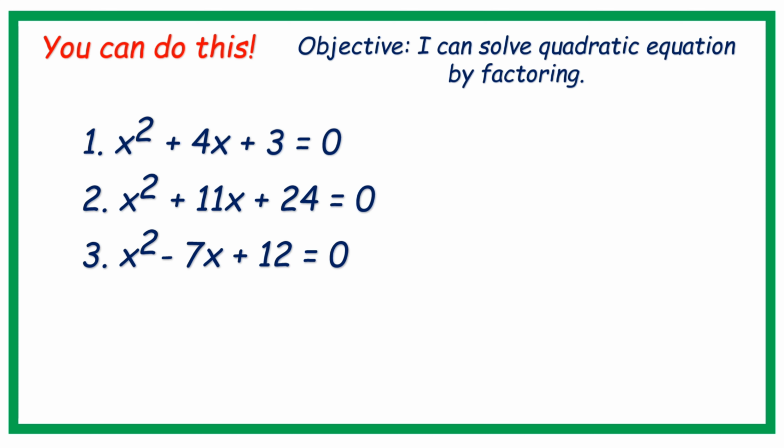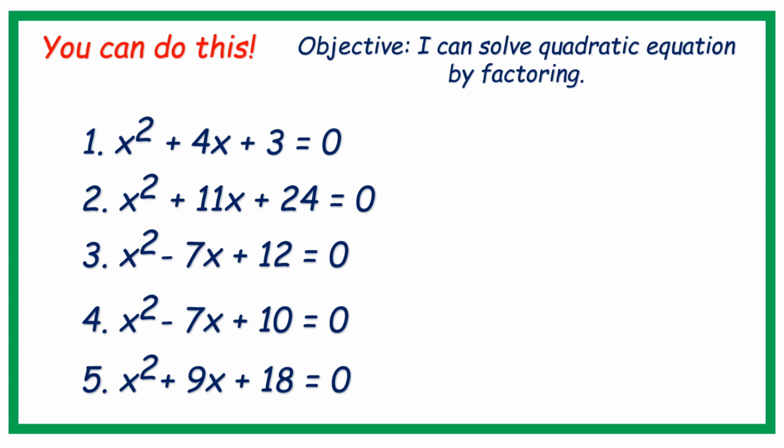Number 3, x squared minus 7x plus 12 equals 0. Number 4, x squared minus 7x plus 10 equals 0. And last but not the least, number 5, x squared plus 9x plus 18 equals 0.